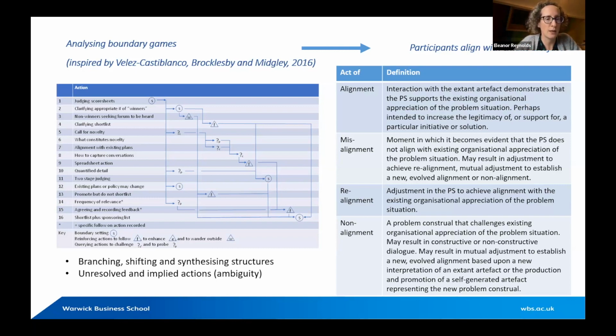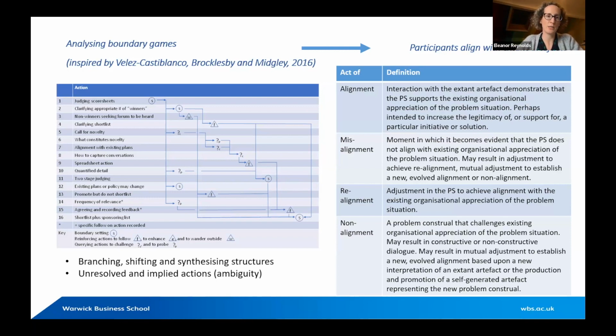So this piece here, it was a meeting where people were scoring different ideas that had been generated for innovation-based projects. So these actions 1 to 16 were probably taking place over, I'm just looking at the detail, probably about 45 minutes. So a much broader analysis of the dialogue that was taking place.